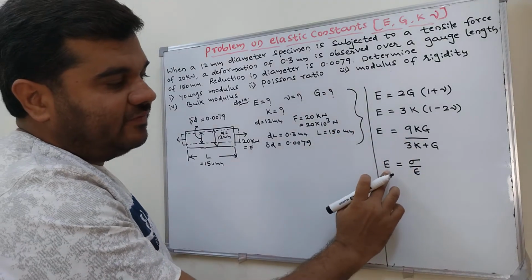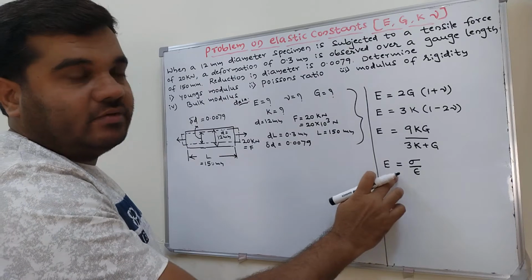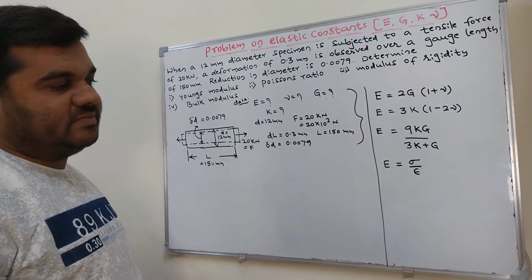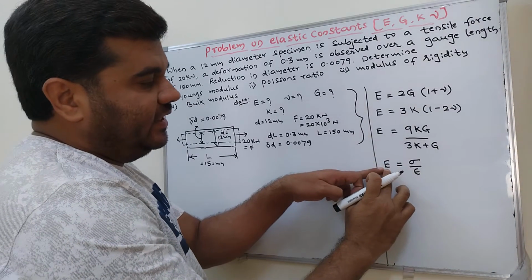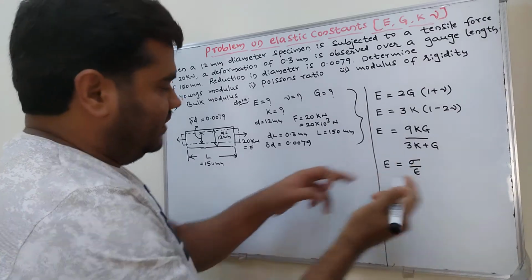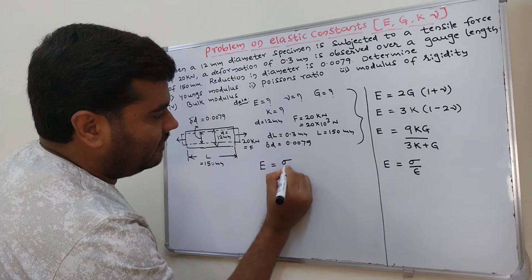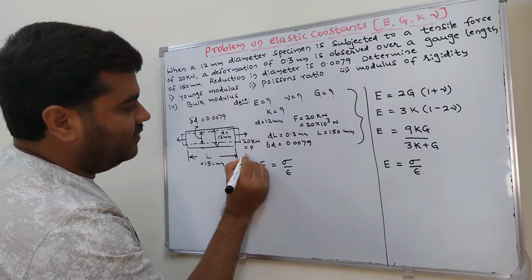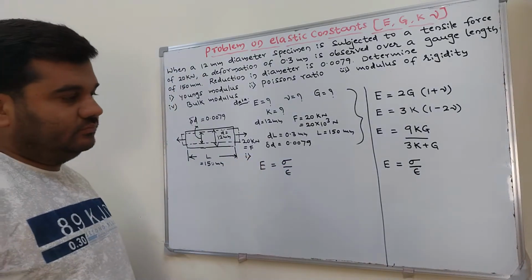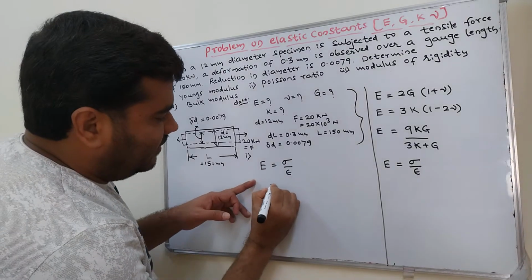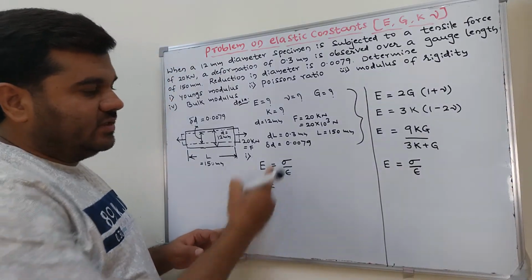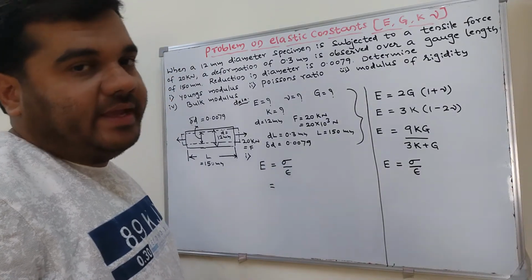Now the normal general formula we will start: E equal to stress by strain. So I need to find out E. I will use E equal to stress by strain to find out the first bit. What is the formula for stress? Stress equal to load by area.